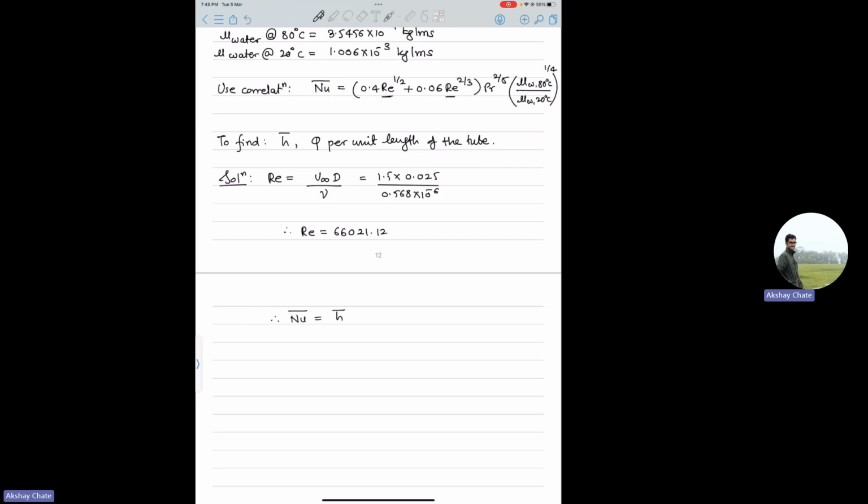It is nothing but H bar, the average heat transfer coefficient, times the diameter of the tube divided by K of fluid. Then you have to put all the values here.